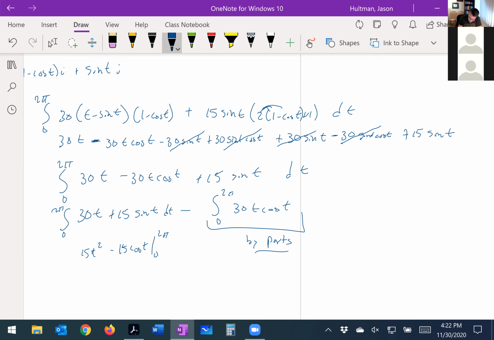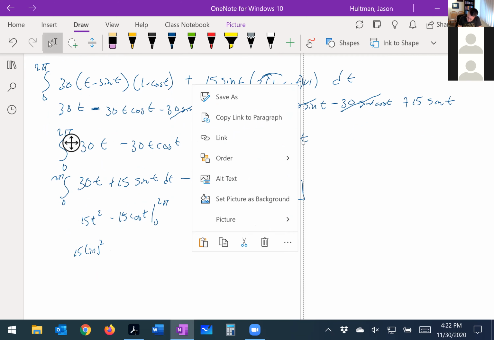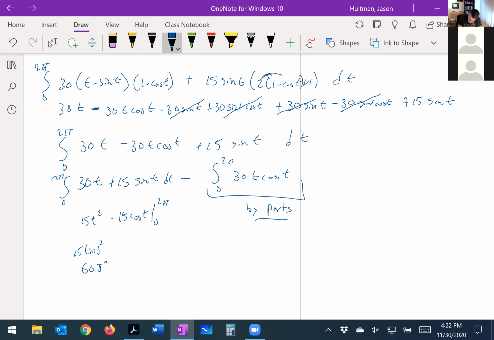So this is going to be 30 pi squared. No, this is 60 pi squared because it's 15 times 2 pi squared. So that's 60 pi squared. Nice, nice, nice.